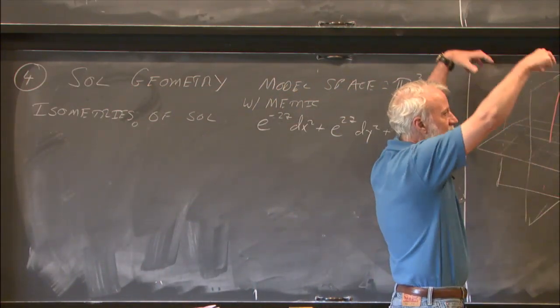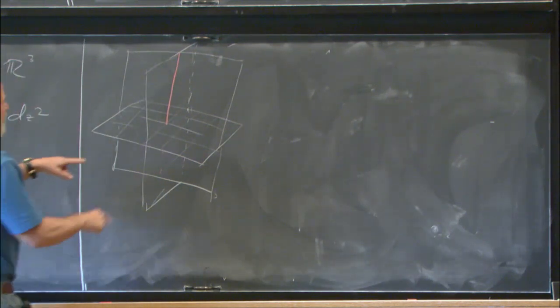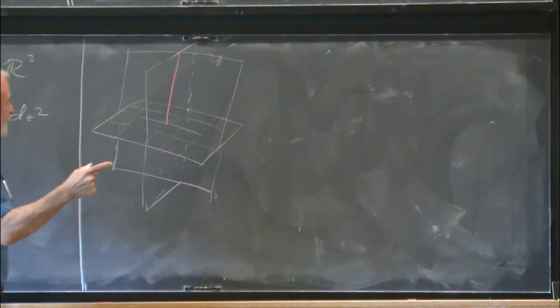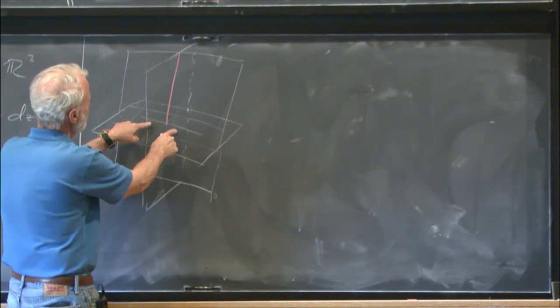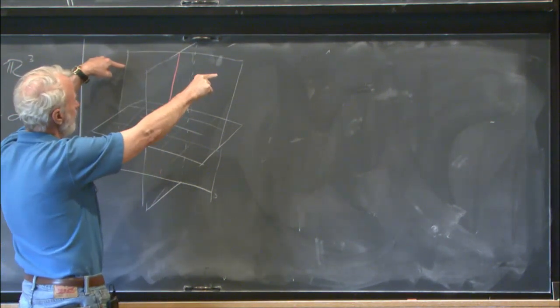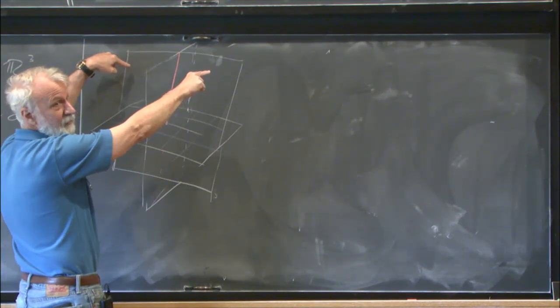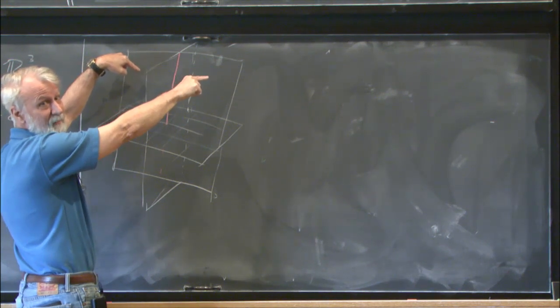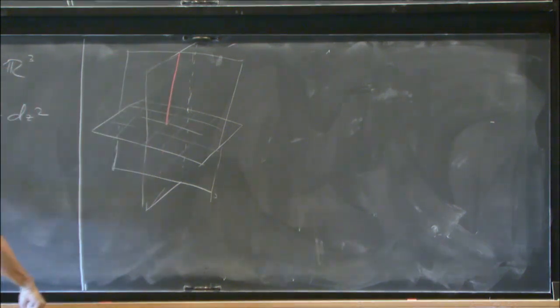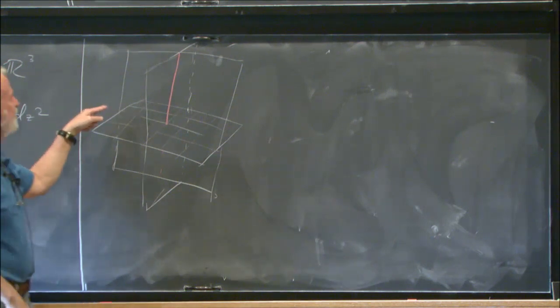But as I go up, an isometry is going to take something here and actually stretch it out to something bigger, to your Euclidean eye, because it has to be the same length. And because of this, it's being damped more.